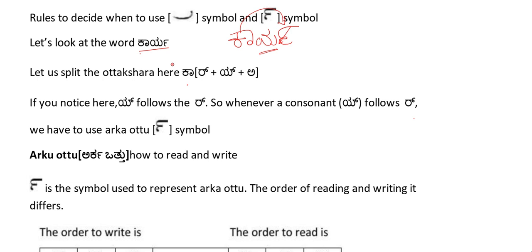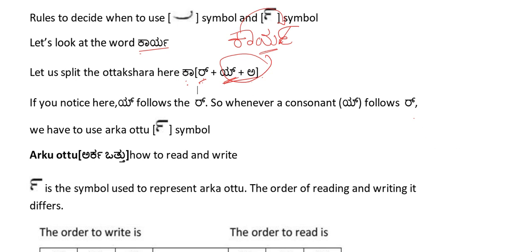When you split, you can see Ka, R and Ya. Y plus A gives you Ya, the consonant Ya. After the R sound, you are pronouncing Ya, and Ya is a consonant. So whenever a consonant follows the sound R, we use the Arka Ottu symbol.